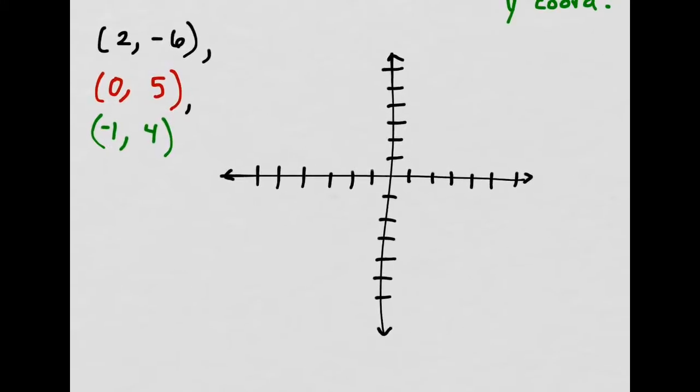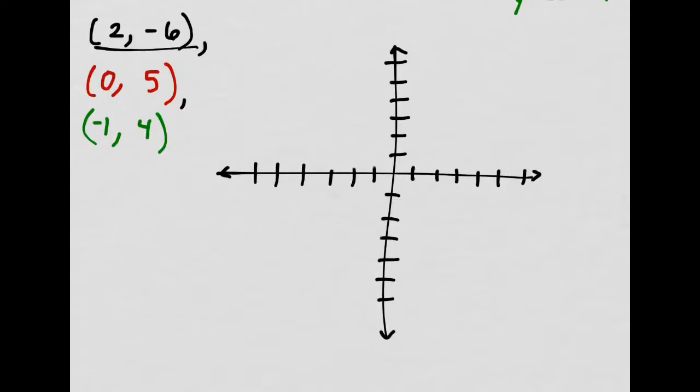Okay, now let's plot this one. I first follow my x, so I'll follow 1, 2. Before I put down my point, I have to also follow the y. So 1, 2, and then down 6. 1, 2, 3, 4, 5, 6.